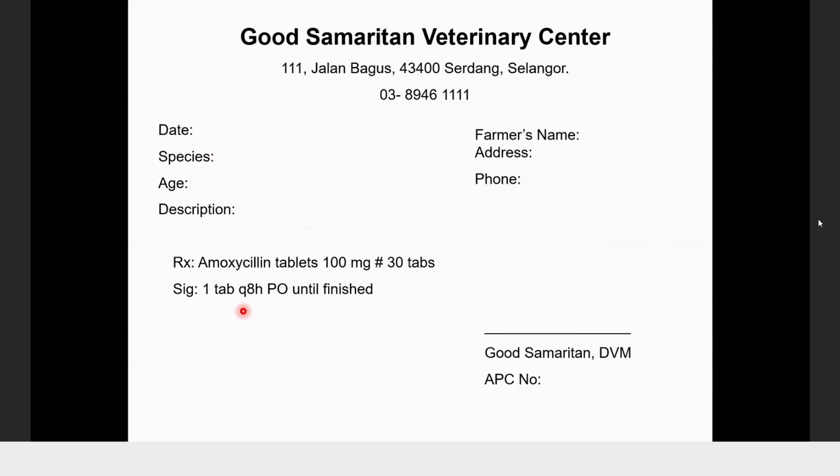One tab every 8 hours per os. PO stands for per os. So if it's written there, PO is referring to per os, which is given orally, until finish. Because it's an antibiotic, it should be finished.